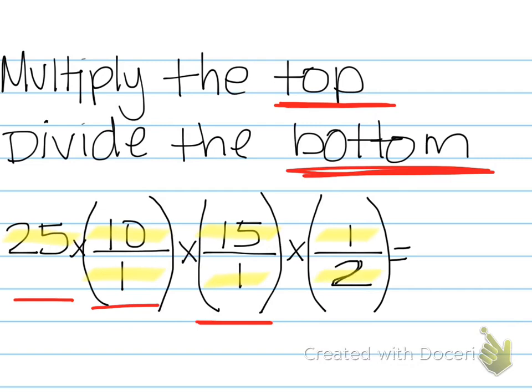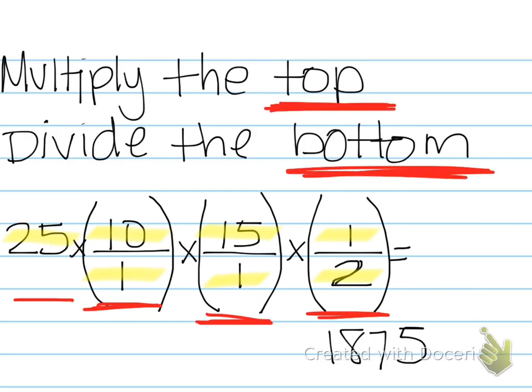And then we divide by 2, which should give you 1875. So the easiest way to do this is think of each statement as its own math problem. And you need to remember that you multiply on the top and you're going to divide by numbers on the bottom.